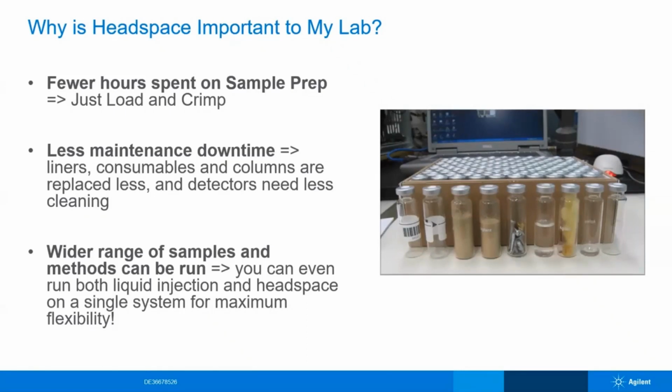Also, are there particular compounds or sample types that lead to a substantial amount of maintenance time? In some cases, you'll see extractions that are so dirty that the inlet needs to be switched out in less than a dozen injections. These sorts of analyses are perfect for Headspace.